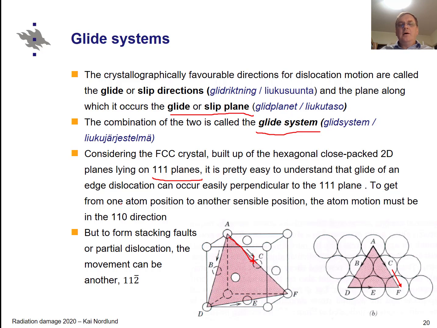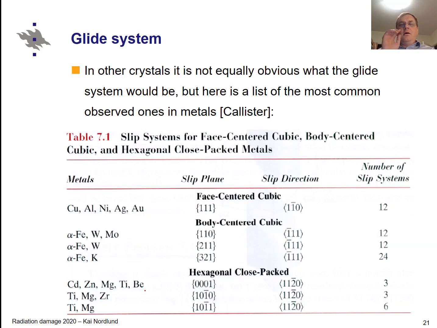So the movement would be in the 110 direction, and the plane would be 111. If you want to form a partial dislocation or stacking fault, then the movement would be another direction, 112, for instance. And so that's pretty easy to understand.